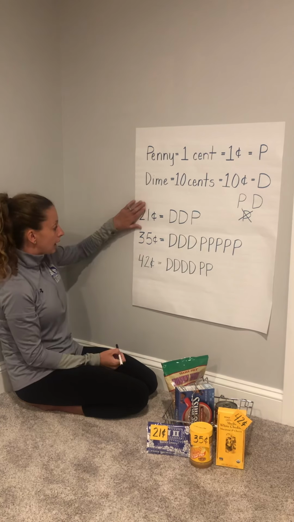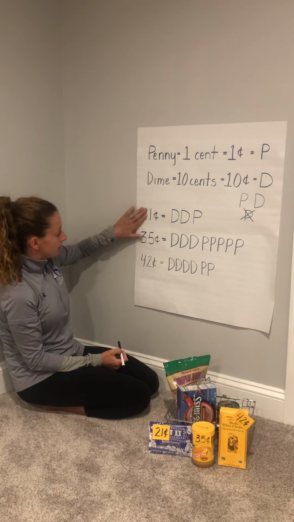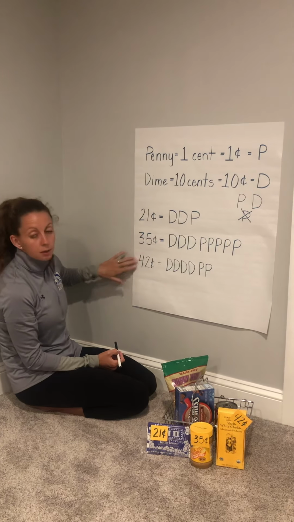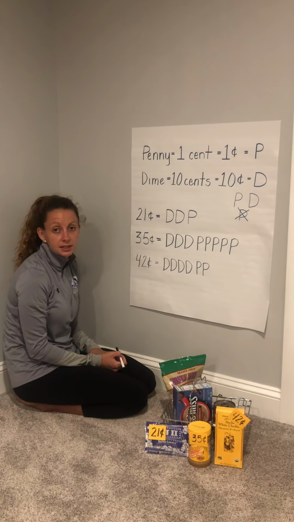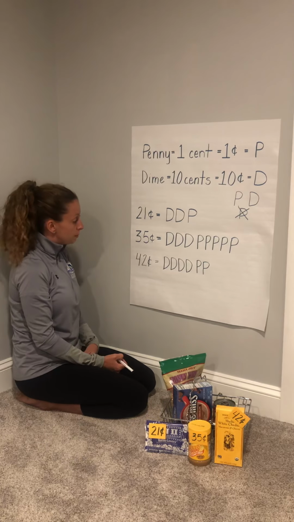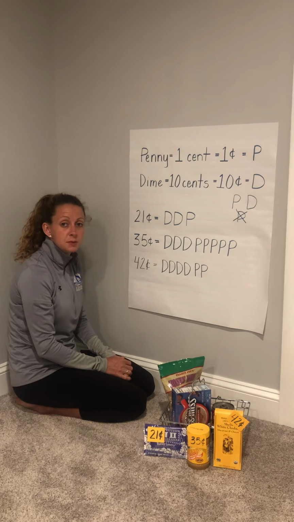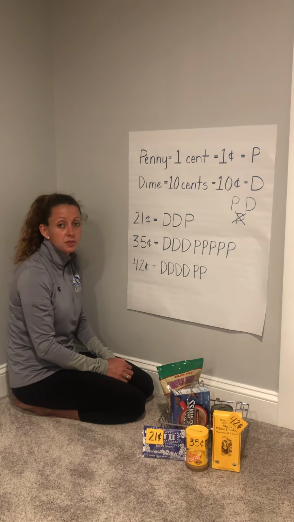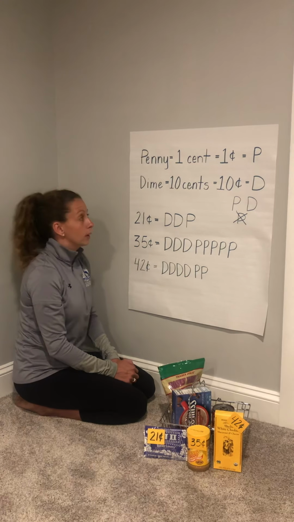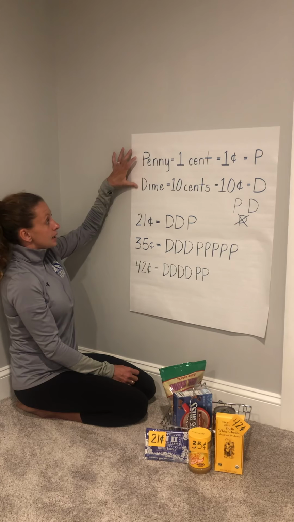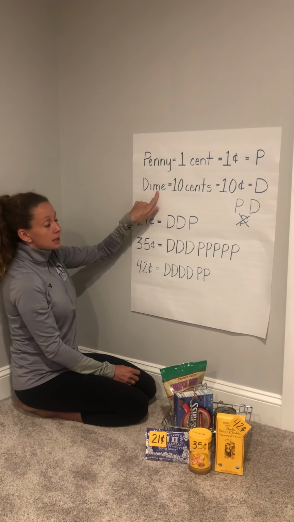So I know how many cents each of my 3 items are, but I want to know how much I'm going to give to the cashier to buy them. Whenever we count money, one of the first things we need to think about is that we always start with the larger coin. When I'm looking at pennies and dimes, I know that a dime is worth more.